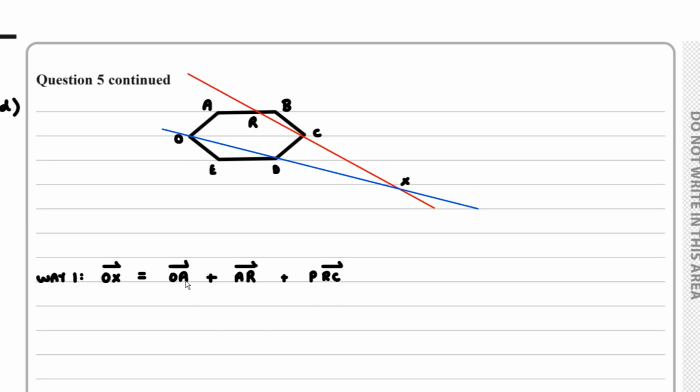So we have OA, which is A. Now R lies on AB, and we know that the ratio of AR to RB is 1 to 2.